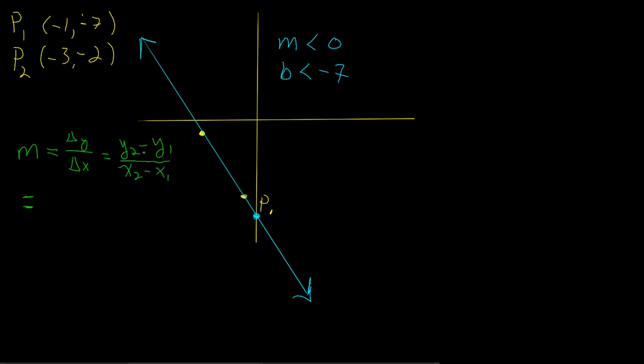And in our case, y2 is -2 minus -7 for y1, over -3 minus -1. So -2 minus -7 is +5. And -3 minus -1 is -2. And so our slope is -5/2.